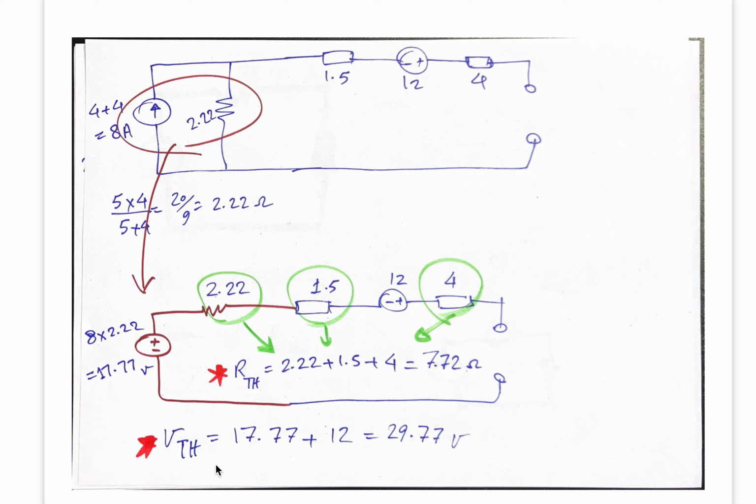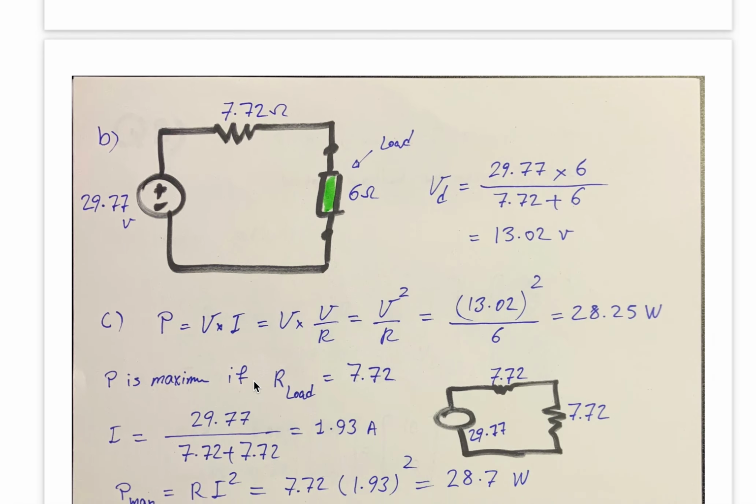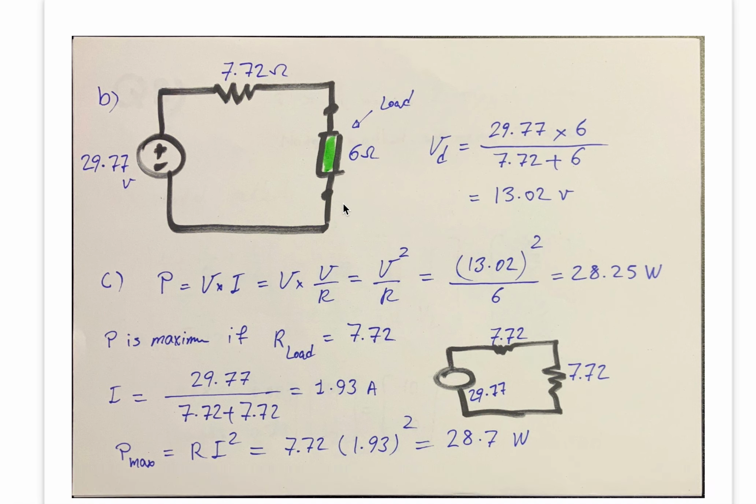So this is your VTH and this is your RTH. In section B, we say, okay, now you use this Thevenin model, reattach the load, and say what is the voltage drop of the load. Voltage drop of the load can be obtained by the voltage divider rule: total voltage multiplied by the same resistance divided by the sum of the 2 resistances.